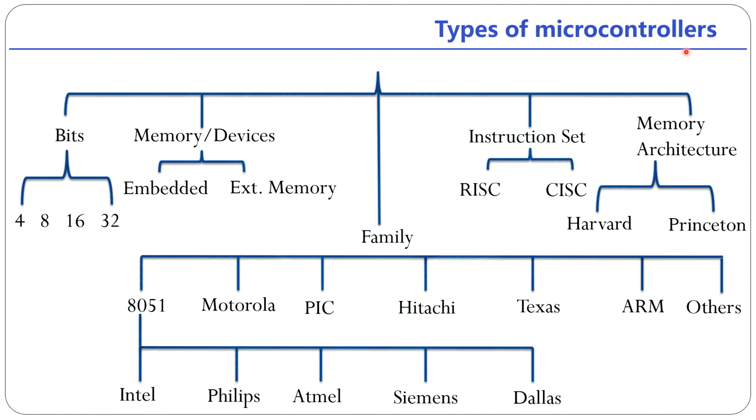Types of microcontrollers available in the market. First of all, we will see bits: 4-bit microcontrollers, 8-bit microcontrollers, 16-bit microcontrollers, and 32-bit microcontrollers. Then the memory devices: embedded memory and external memory.